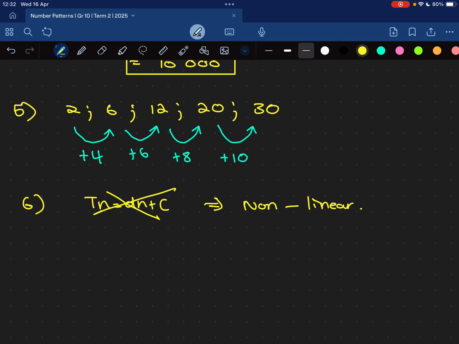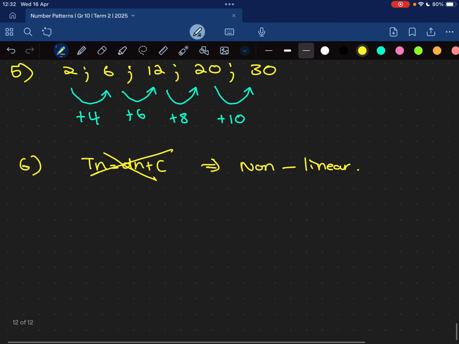So now we need to basically investigate a different type of method that will work for this type of sequence. Okay, so a useful method is to work with the number pattern in the investigation and to develop your number pattern from there. So let's have a look and see.